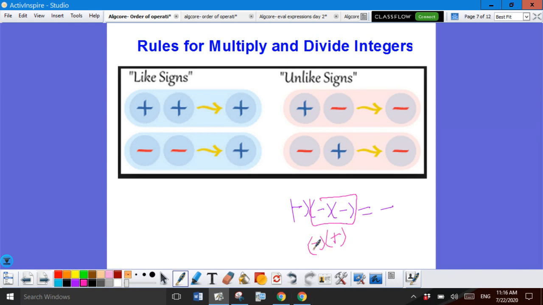So it really ends up being a negative times a positive. Okay, so odd numbers, 1, 3, 5, 7, are going to be negative numbers, and evens are going to be positive. So if I had 4, then that is positive because these 2 make a plus and these 2 make a plus. Okay?